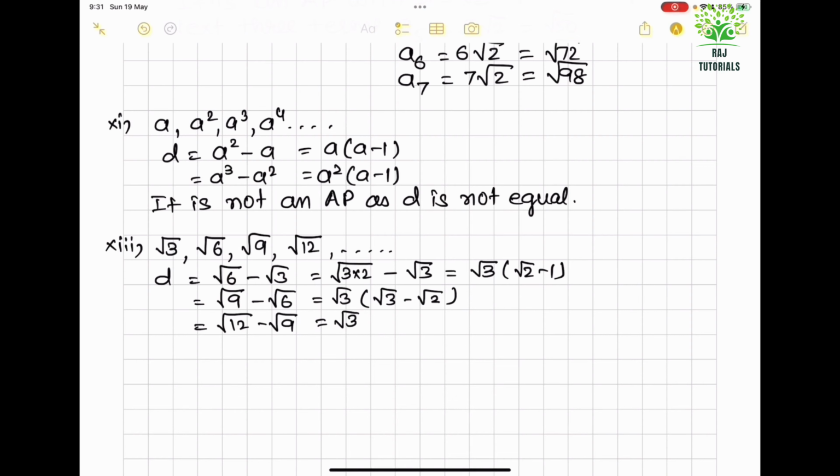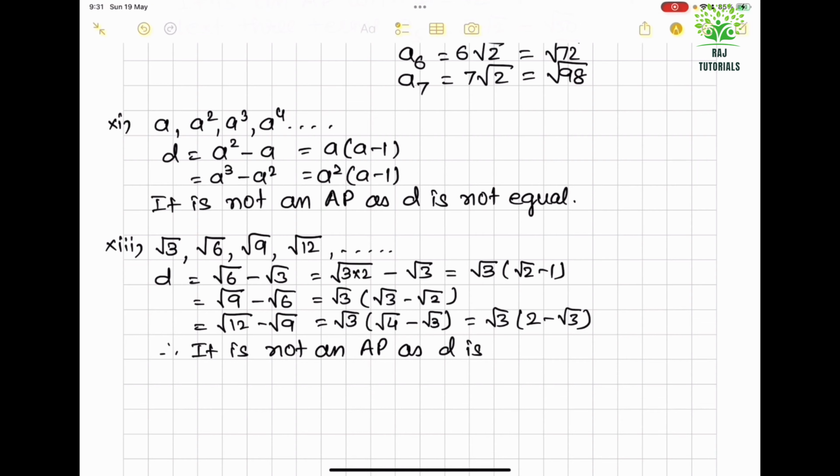Root 3 if I take common, root 4 minus root 3, that is root 3 into bracket 2 minus root 3. Therefore, it is not an AP as D is not equal.